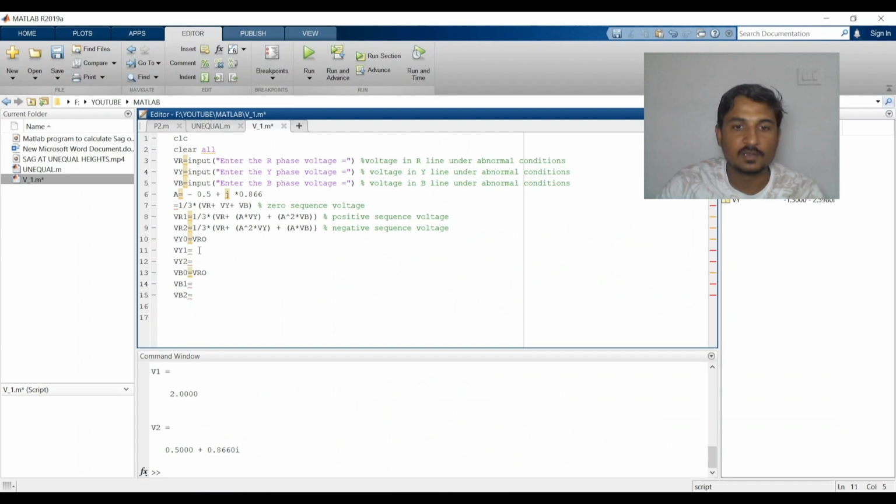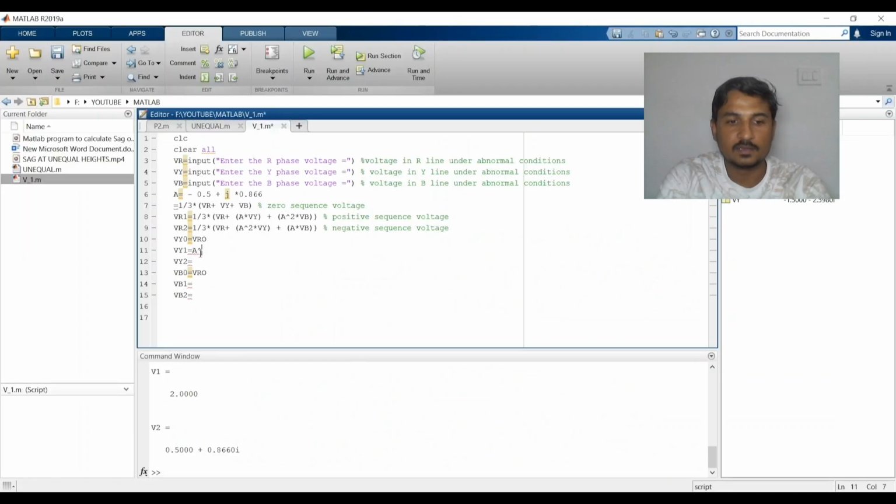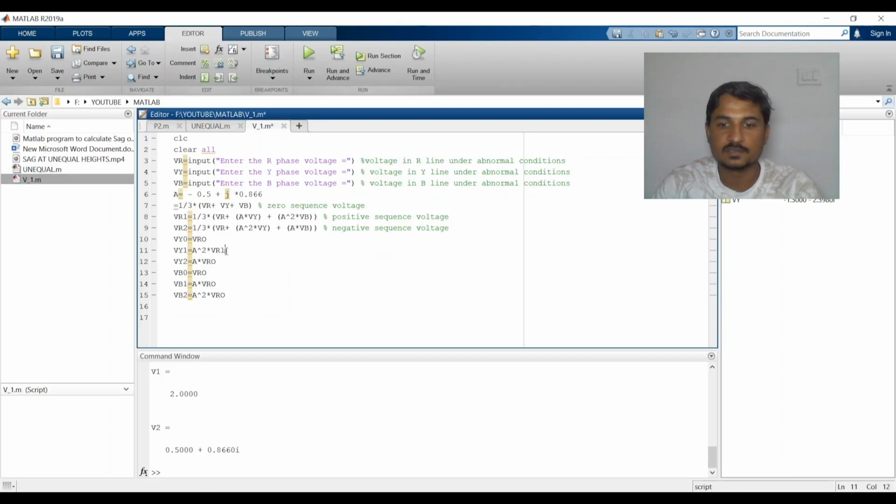For Vy1, it is A square into Vr1, and Vy2 is A times Vr2. And Vb1 is A times Vr1, and Vb2 is A square times Vr2.